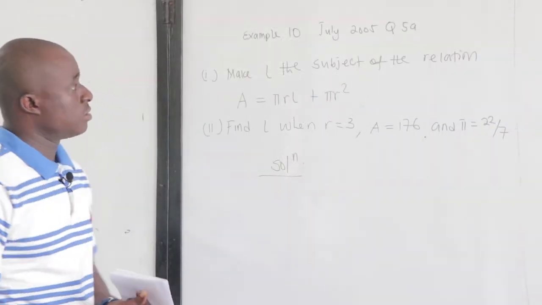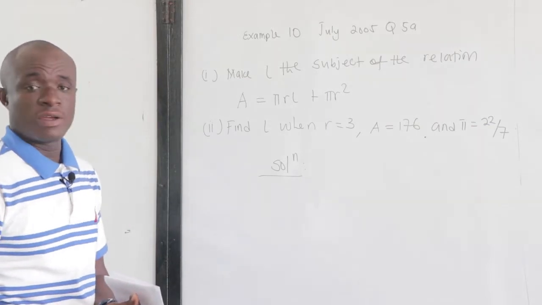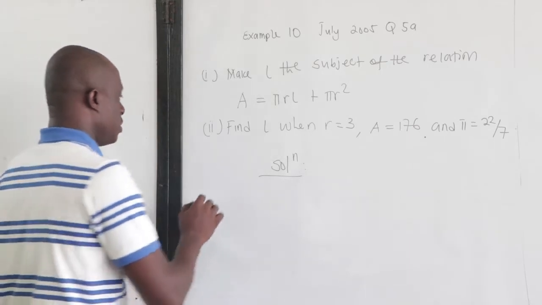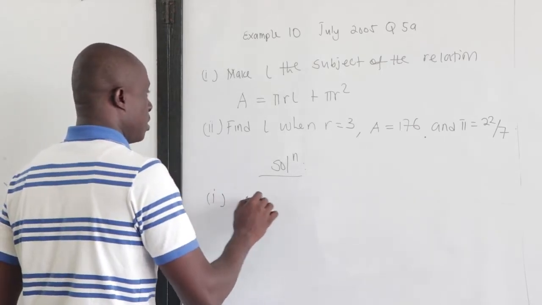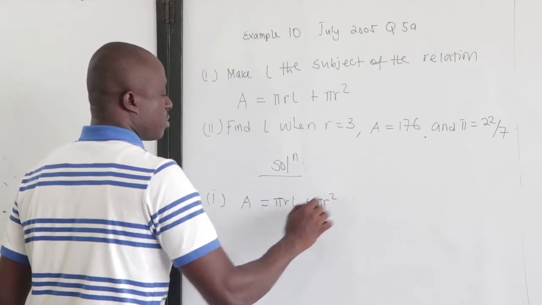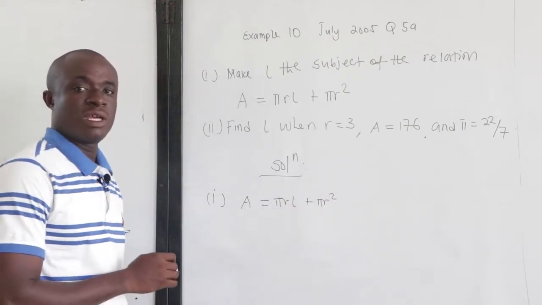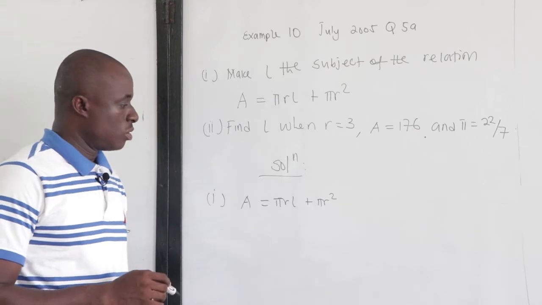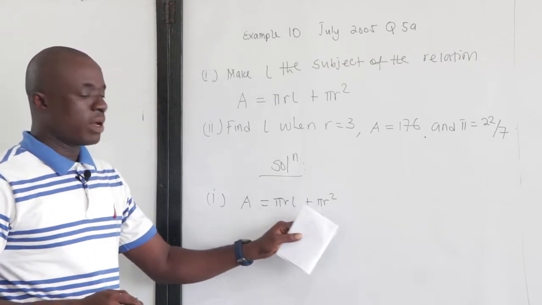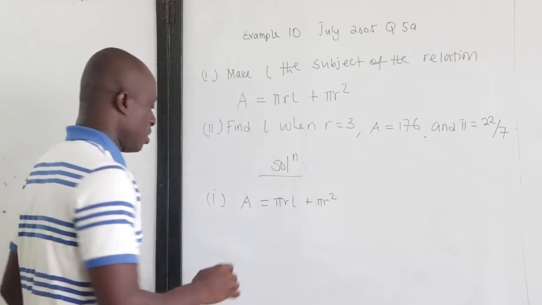Let's consider this July 2005, question number 5a. We are being told to make L the subject of the relation. So A is pi r L plus pi r squared. Now this is the total surface area of a solid cone. We want to make L the subject. So what are you supposed to do? Group like terms. Let the pi r squared move to the left hand side.